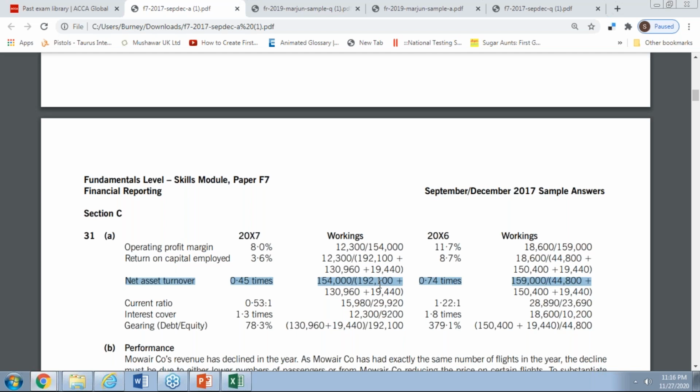So if you remove the effect of the revaluation, then what will be the asset turnover? Yes, the decline in the asset turnover is also because of the revaluation.